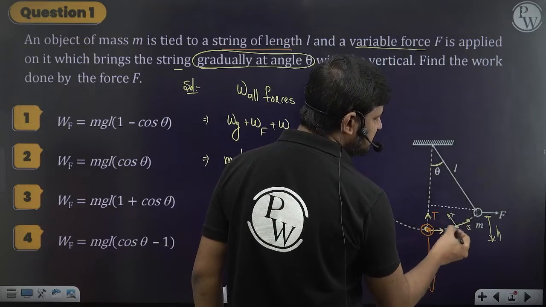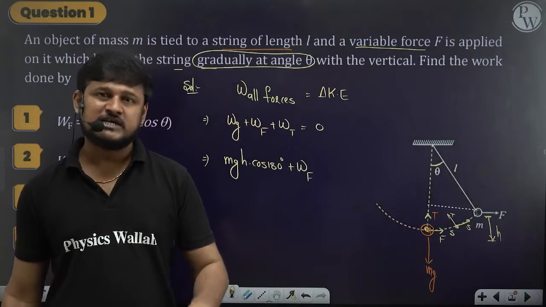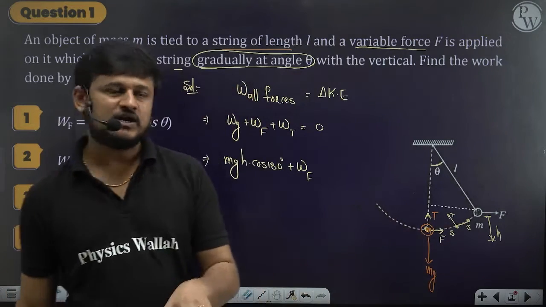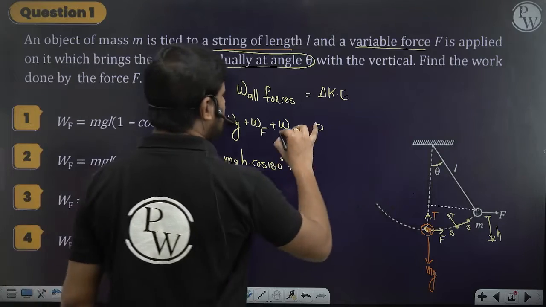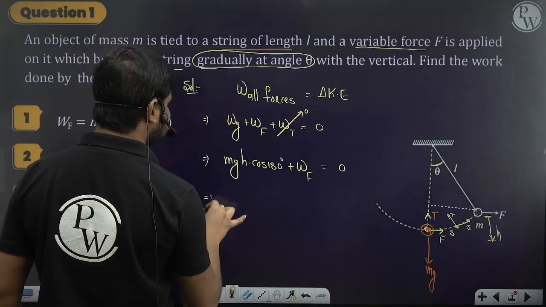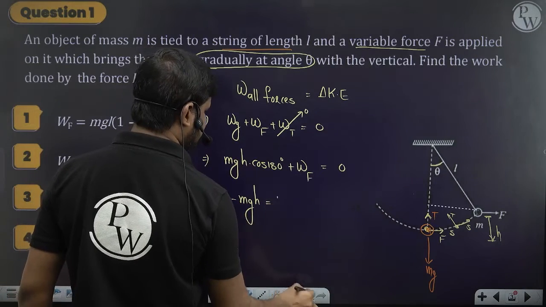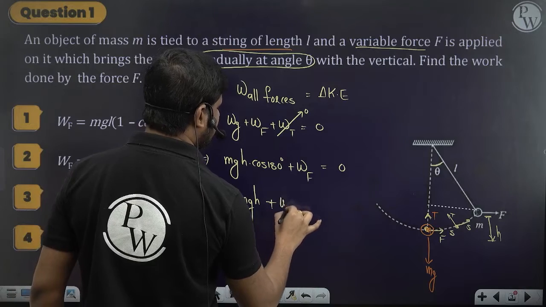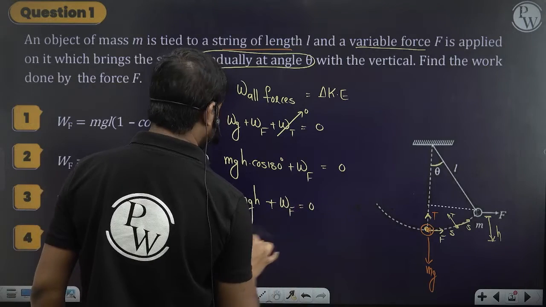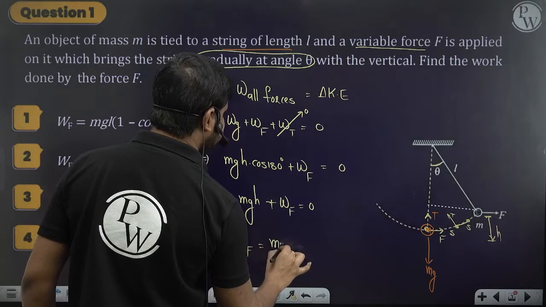At every point the tension and displacement are perpendicular to each other. That's why I am considering the work done by tension as 0. Therefore minus mgh plus the work done by the force equals 0. From here the work done by the force is equal to mgh.